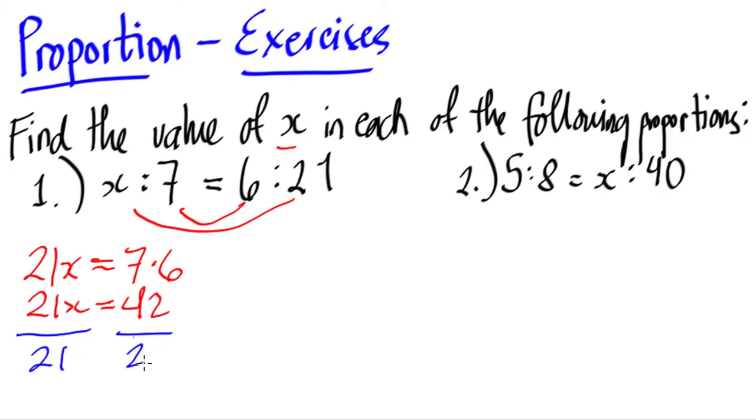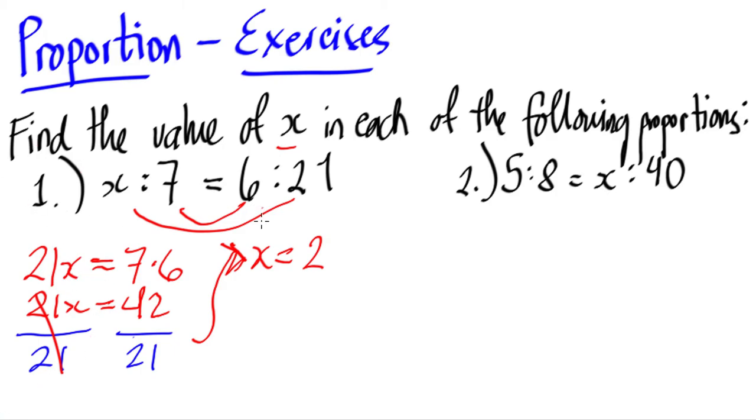If that cancels, what we'll have is 21 divided by 21 is 1. 42 divided by 21 is going to give us 2. You can verify that by doing the operation 21 times 2. Try to double 21, it's going to give us 42.